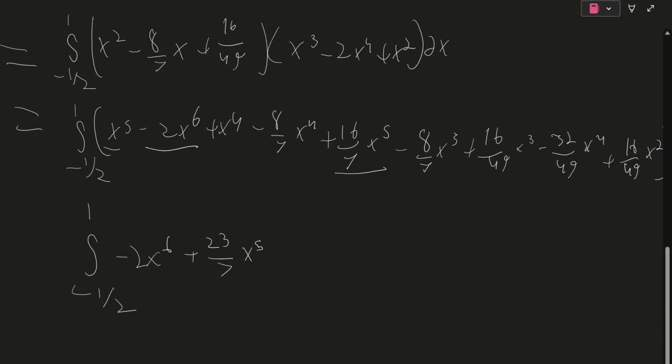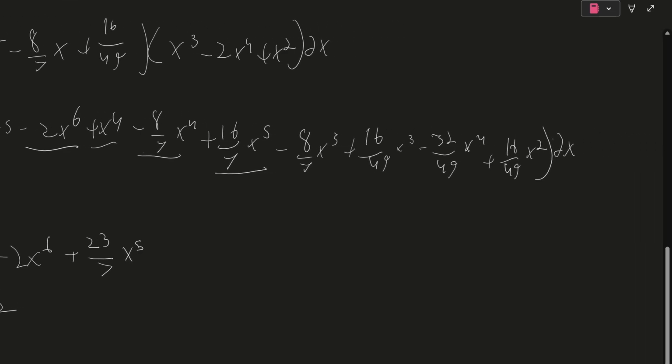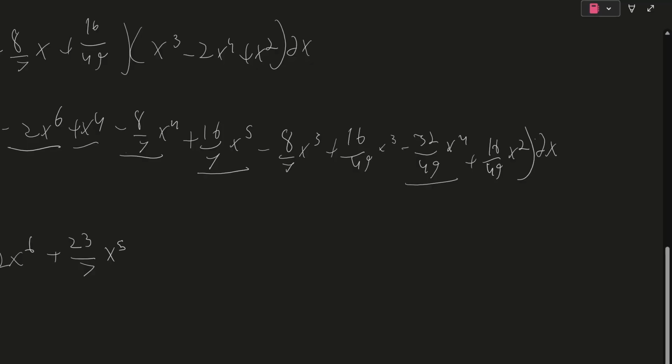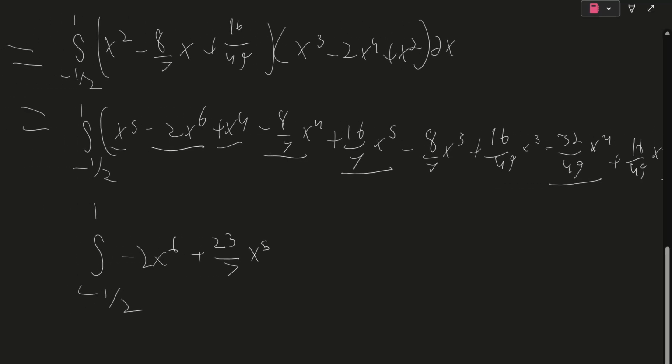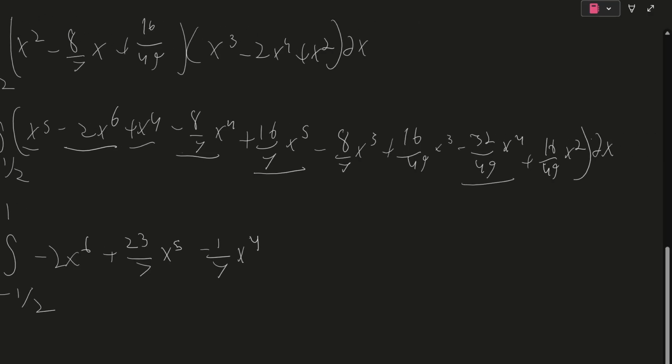Now we have our x to the 4th terms. So we have positive x to the 4th minus 8/7 x to the 4th minus 32 over 49 x to the 4th. So we'll just simplify this and write this as negative 1 over 7 x to the 4th minus 32 over 49 x to the fourth.